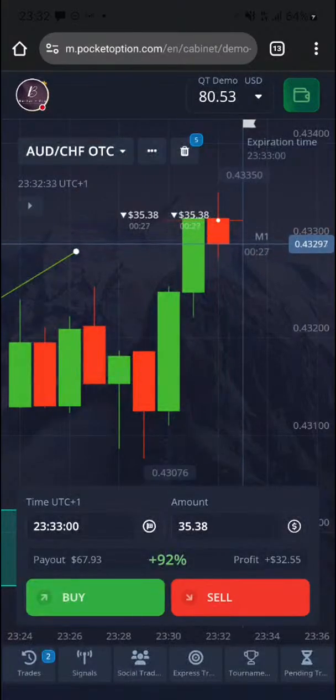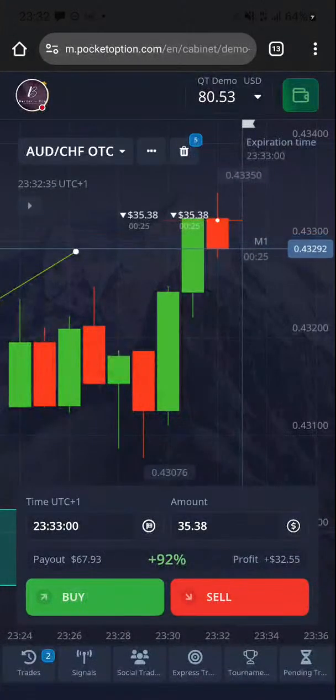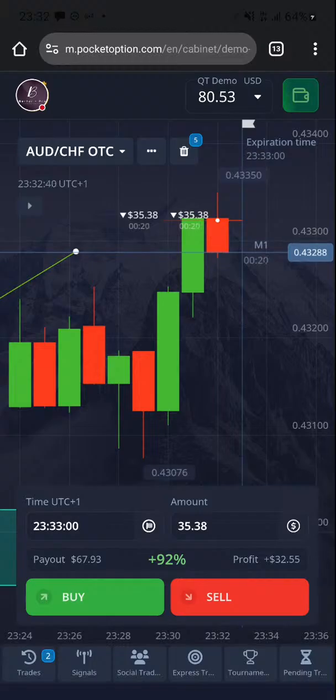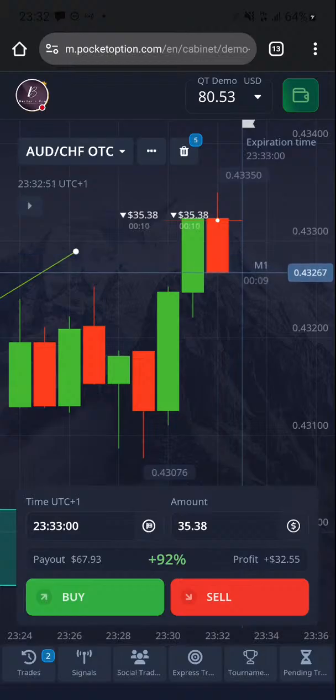So at least for this candle, we should be able to have a red candle. It's only 20 seconds left, so I'm expecting the sellers to hold it down. That's good. Hold it. 10 seconds. Okay, 3 seconds. That's good.